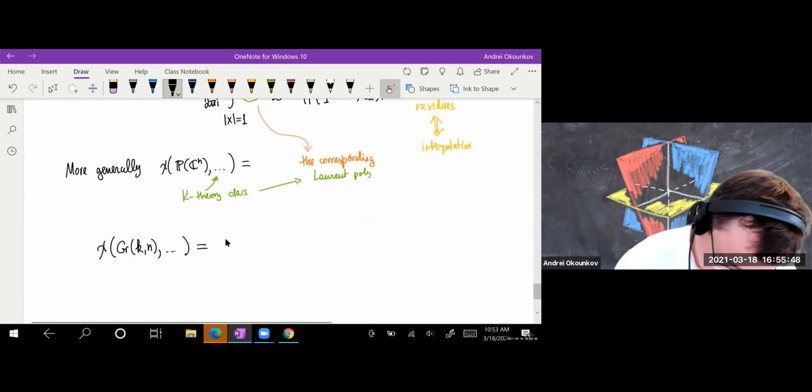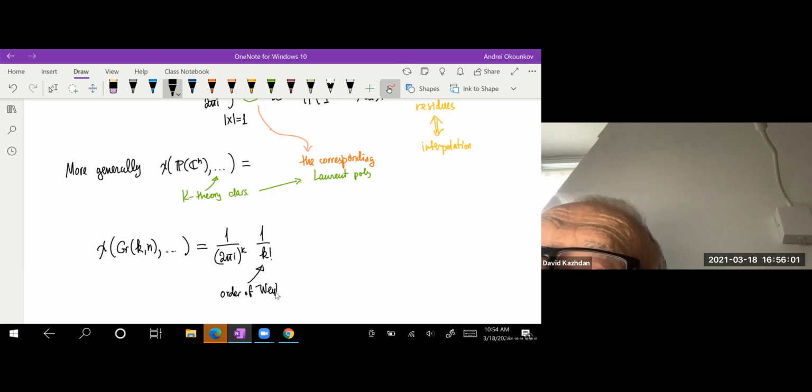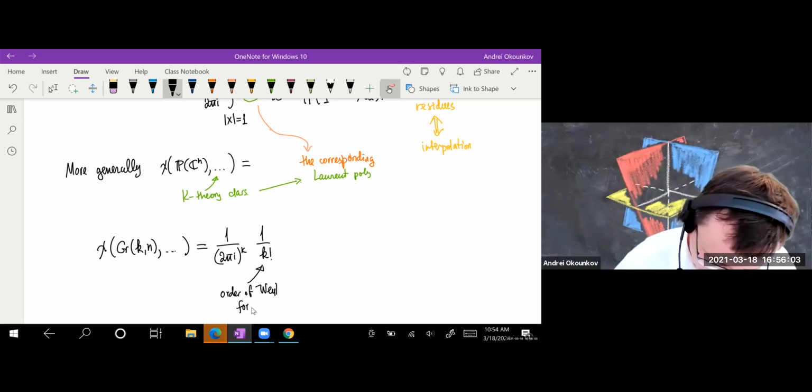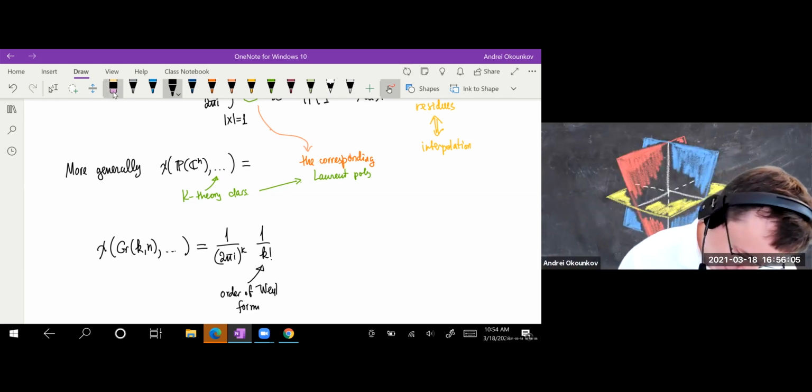So what's it going to be? It's going to be 1 over 2 pi i to the power k, maybe not so important. Then 1 over k factorial, the order of the Weyl group, just explaining the structure of the Weyl integration formula.